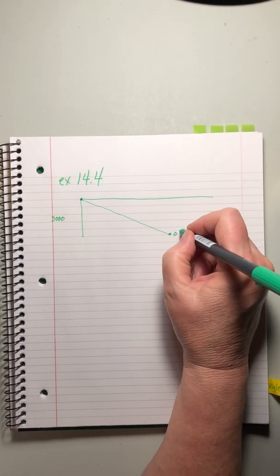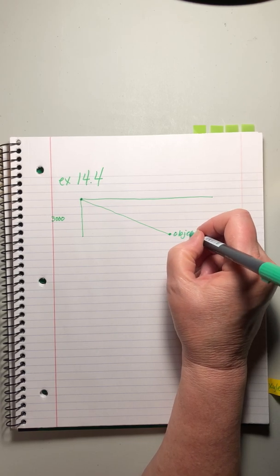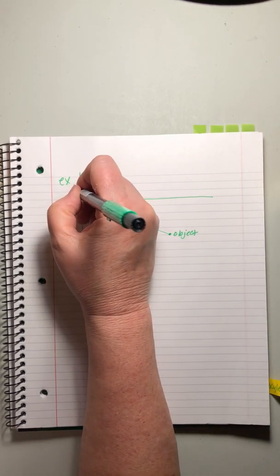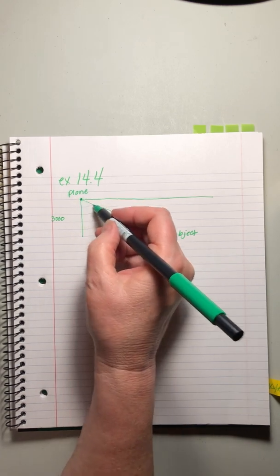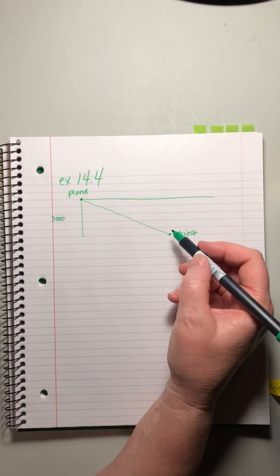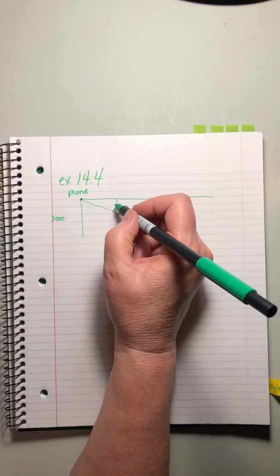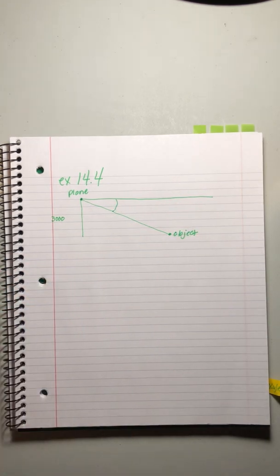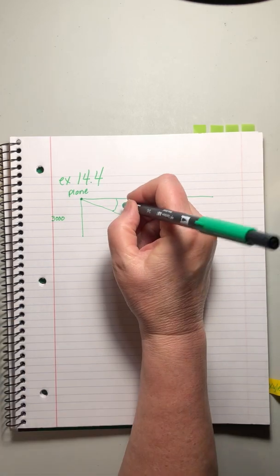This is the object. And this is the plane. So dude looks down and sees this object on the ground, and the angle of depression is 26 degrees.